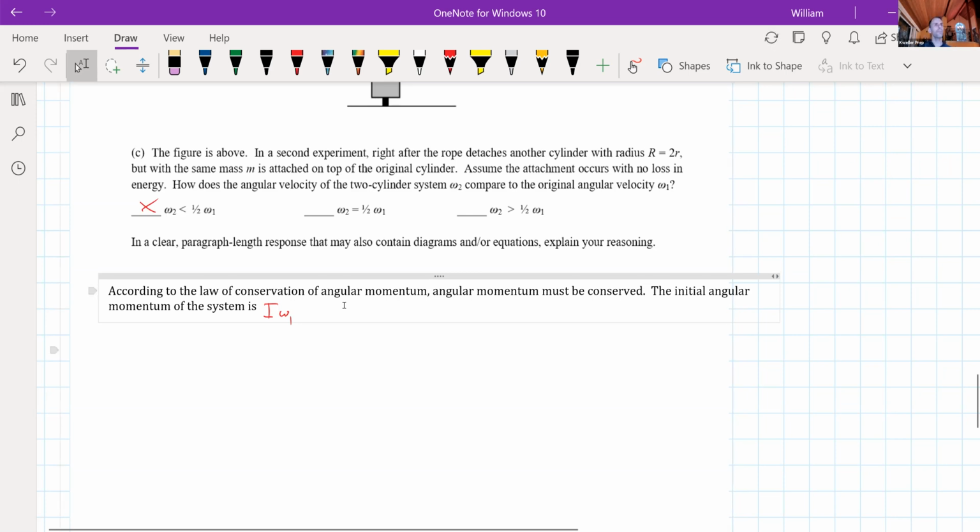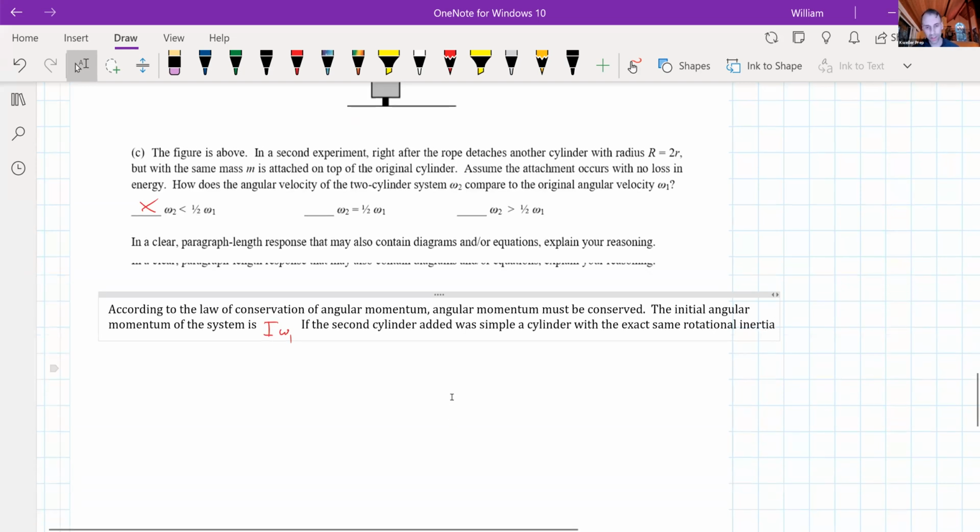Okay, if a second cylinder added was simply a cylinder with the exact same rotational inertia.